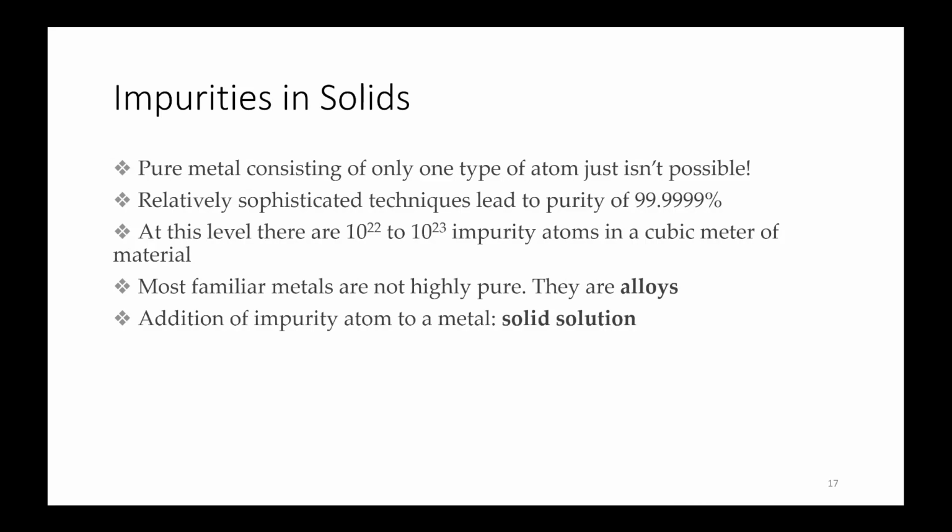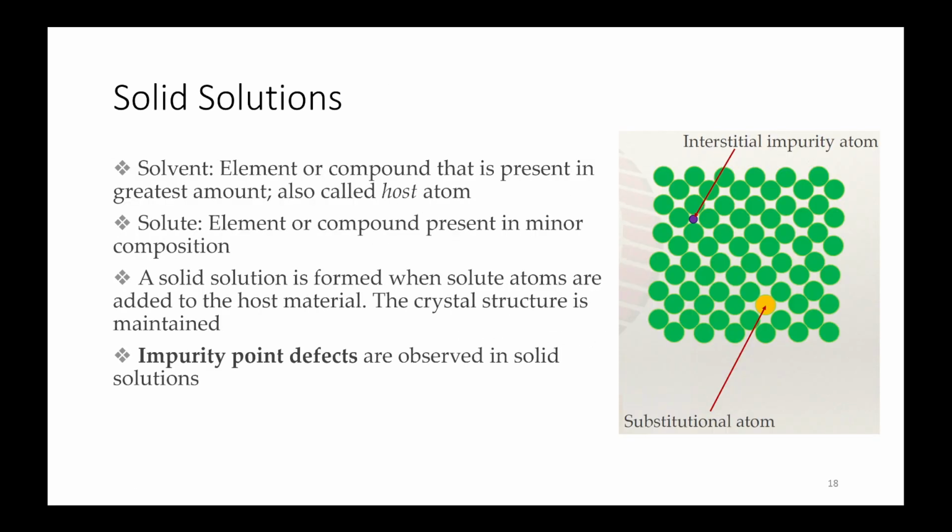Most familiar metals are not highly pure, they are alloys. Addition of impurity atoms to the metal can lead to formation of solid solutions. In a solid solution, you have two parts. First is the solvent, which is the element or compound present in greatest amount, also called host atoms.